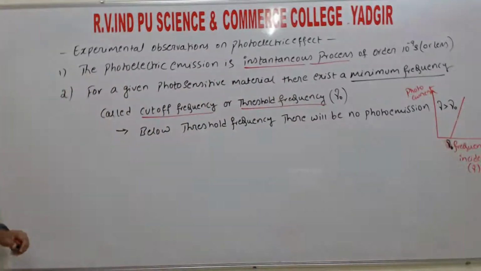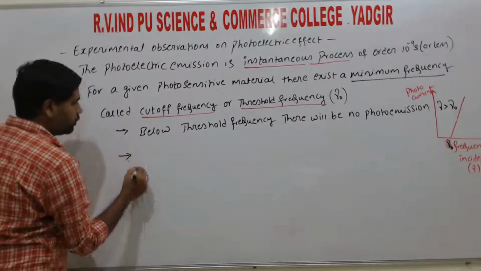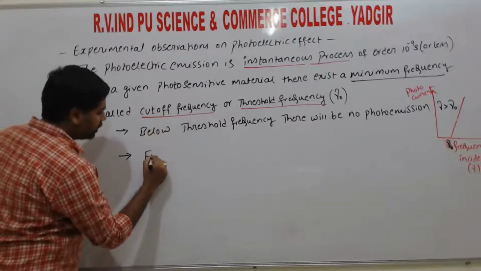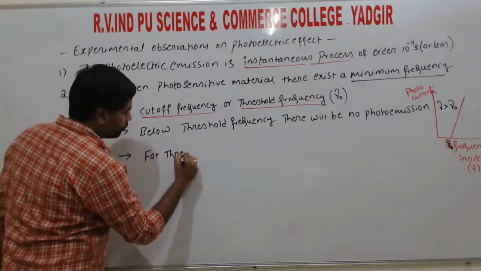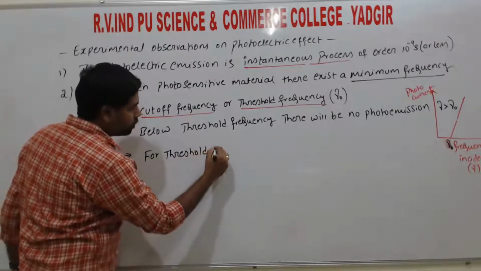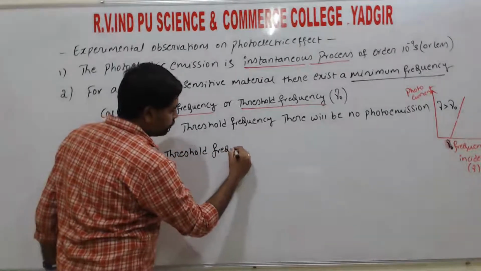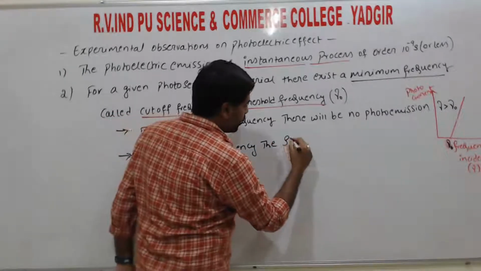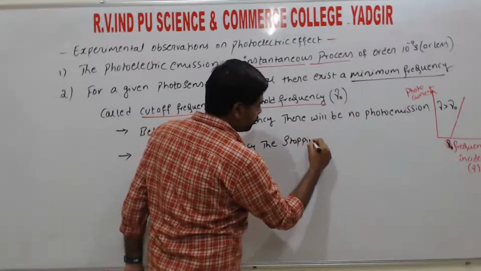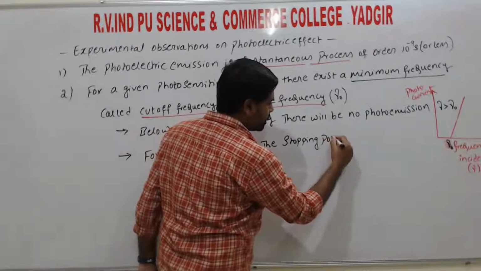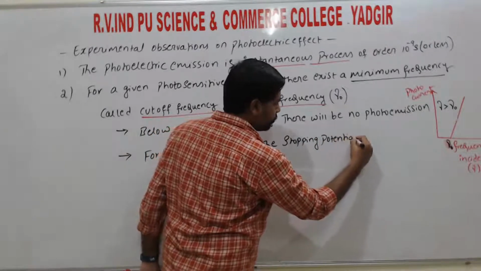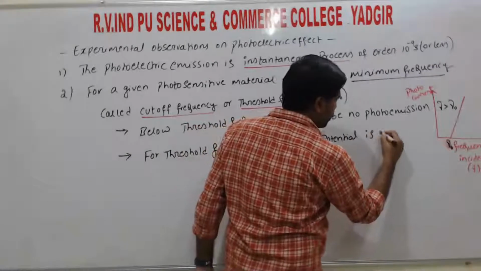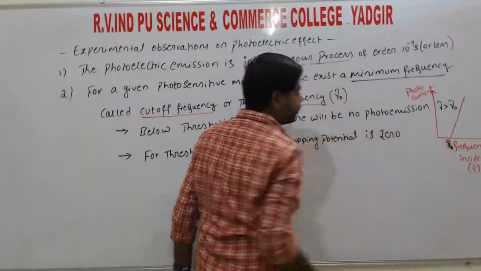Next, for threshold frequency, the stopping potential or retarding potential is 0.